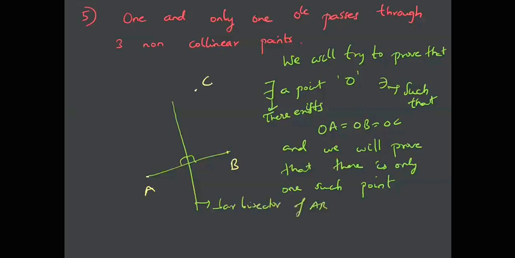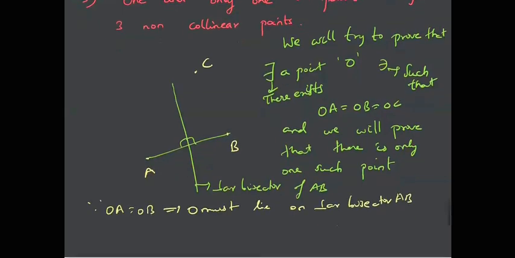And similarly, O must lie on the perpendicular bisector of BC, since OB is equal to OC. So let us draw the perpendicular bisector of BC. So this is BC and this is the perpendicular bisector of BC.